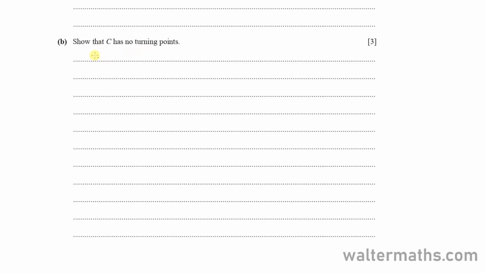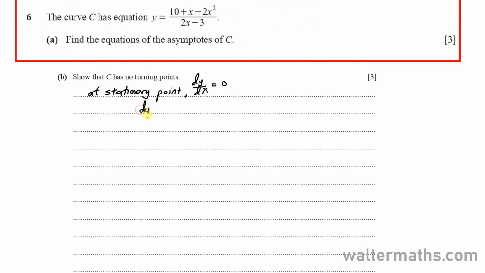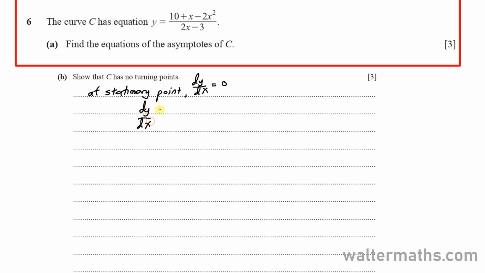So here we're going to say at a stationary point, dy by dx is equal to 0. And here for dy by dx, it is going to be equal to the denominator, which is 2x minus 3, multiplying the derivative of the numerator, which comes out as 1 minus 4x.